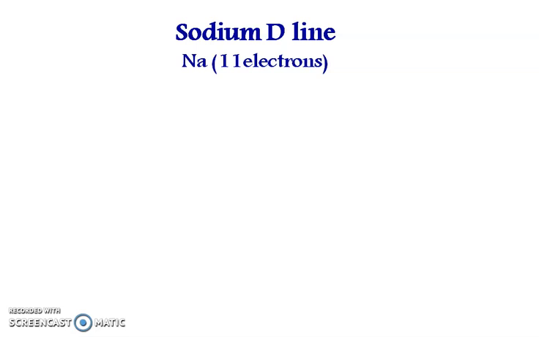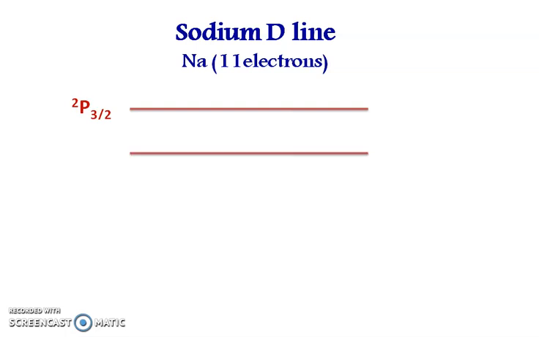The sodium D line comes under the principal series, which means a transition takes place from the P state to the S state. We have the higher levels, 2p 3/2 and 2p 1/2, and then the lower level, 2s 1/2.